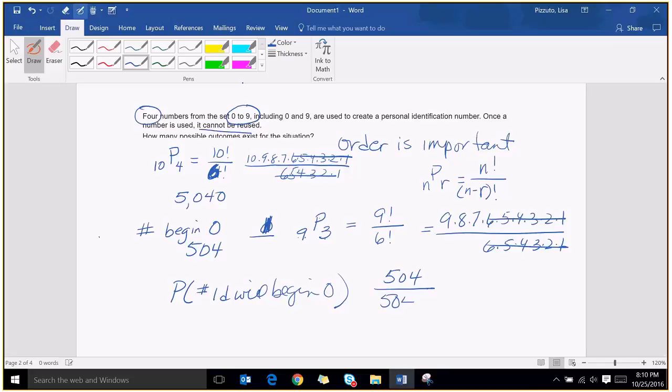Good. And go ahead and take that to the tenths place. What is your answer to the tenths place rather than a fraction? 0.1, or 10%. Yep, 0.1 or 10%.